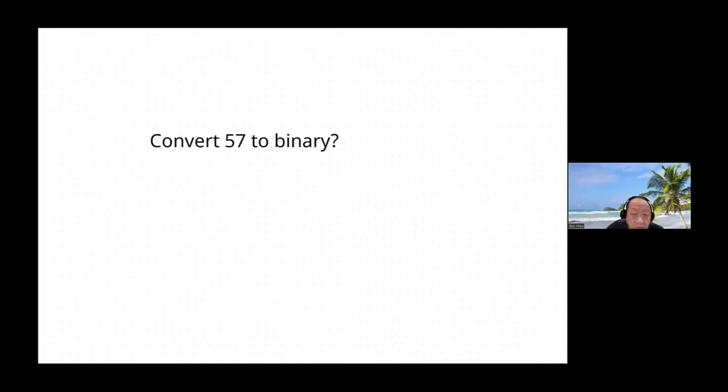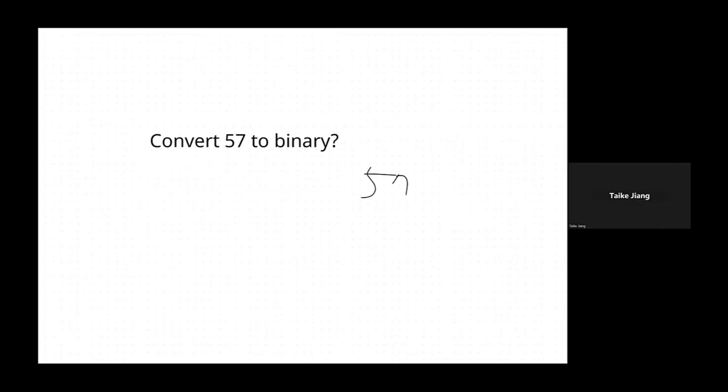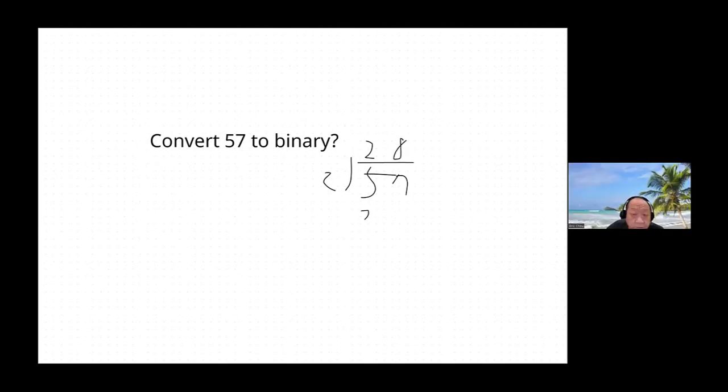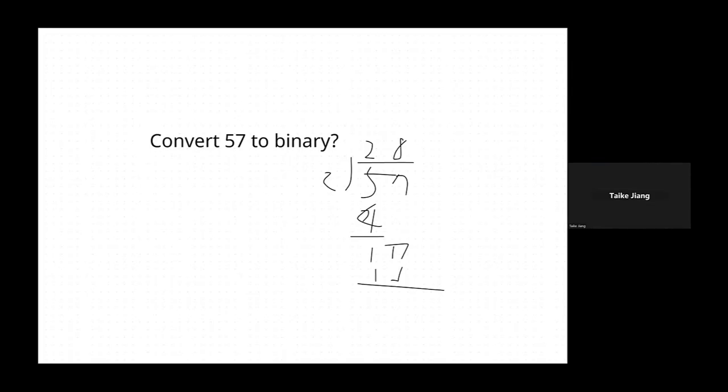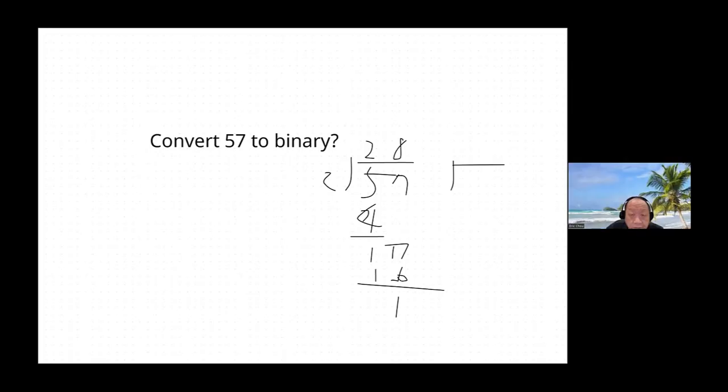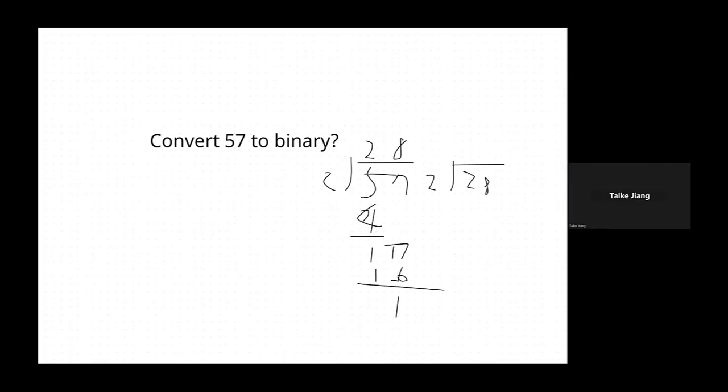What do you get? 28, remainder of 1. And then you divide 28 again. What do you get? 14, remainder 0. And then you divide it again.